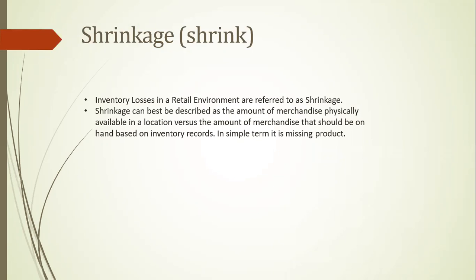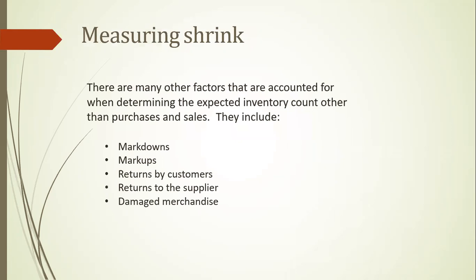The old stock, if you're not taking it out frequently, will become outdated. The manufacturing date will be over, the last date. So that is again loss. So that is how inventory management happens.